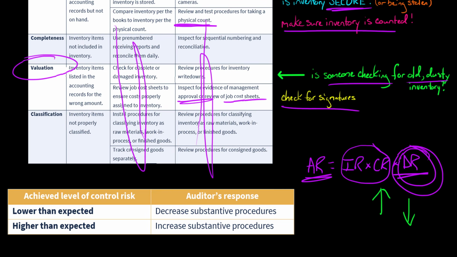By increasing the number of substantive procedures. So basically, the higher the control risk is, the more the auditor has to compensate by doing more substantive procedures. However, if it turns out control risk is lower, if the controls are operating better than we thought, then we can afford to do fewer substantive procedures. I'm going to talk about substantive procedures in the next video.